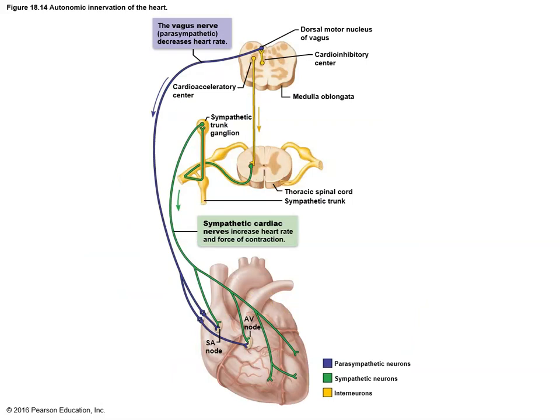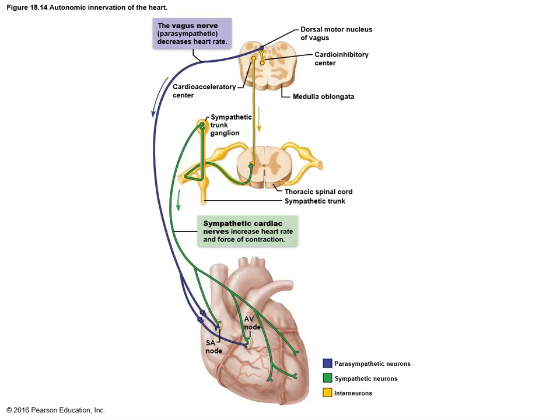So we said the SA node was the pacemaker. The AV node carried the signal on down to the ventricles. If we look at the wiring where it's coming from, we have the parasympathetic nerves coming into the SA and AV nodes.